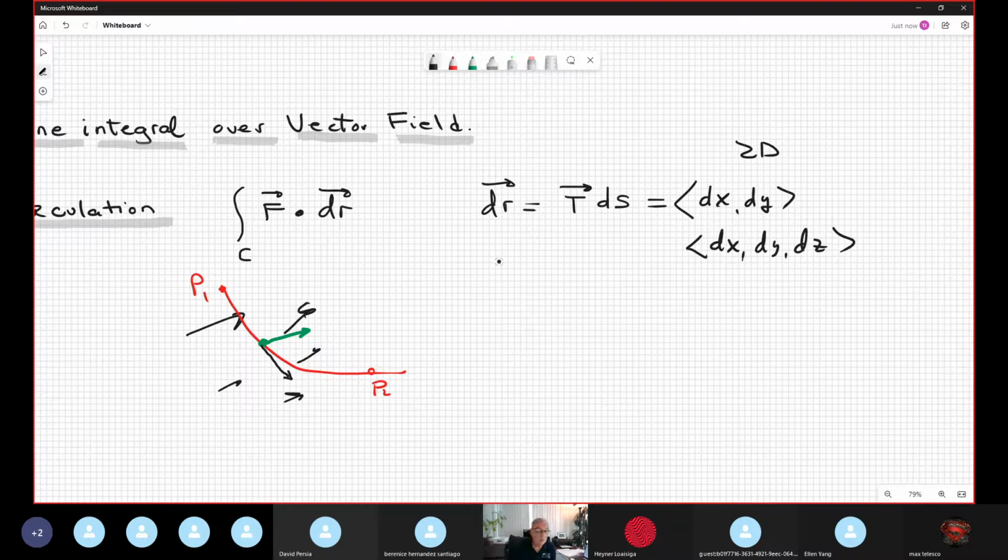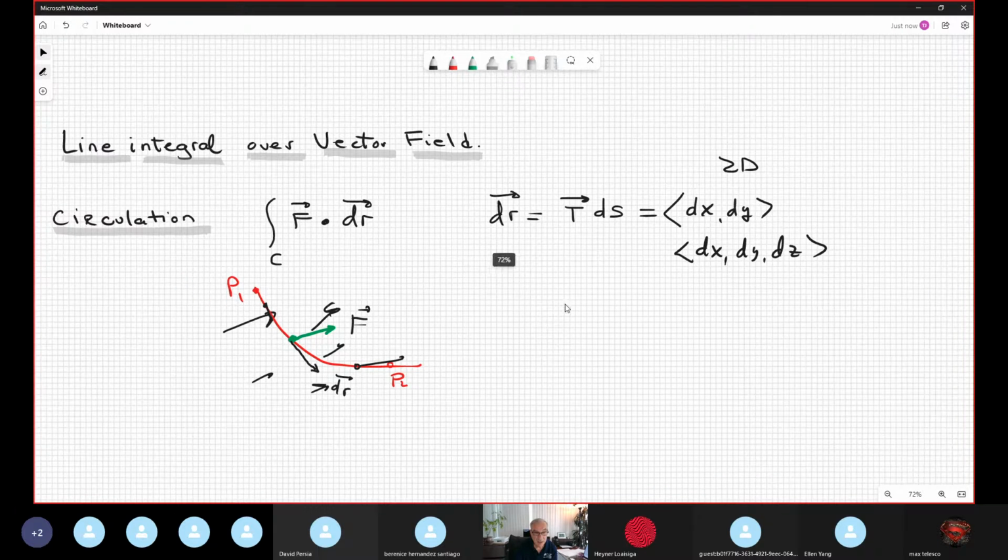And you perform the dot product between the vector field, point by point, and dr, point by point, which is different. So dr here is another dr, and apply the integration, which is the Riemann sum of this. Okay, do you understand the idea for the line integral over the vector field and the way of circulation? I want to explain another way after, not circulation.